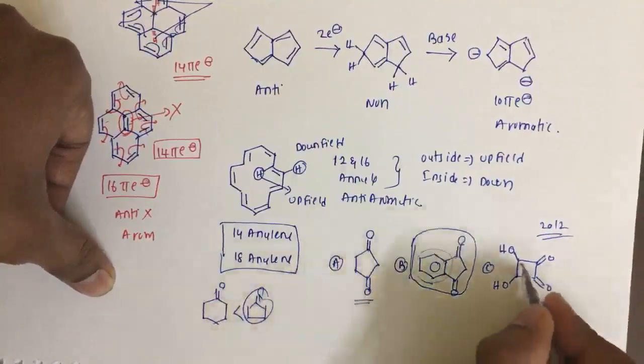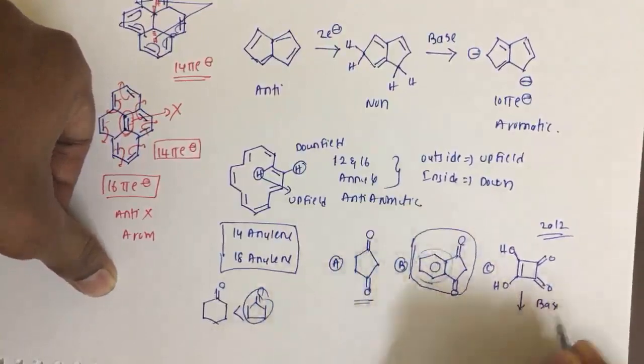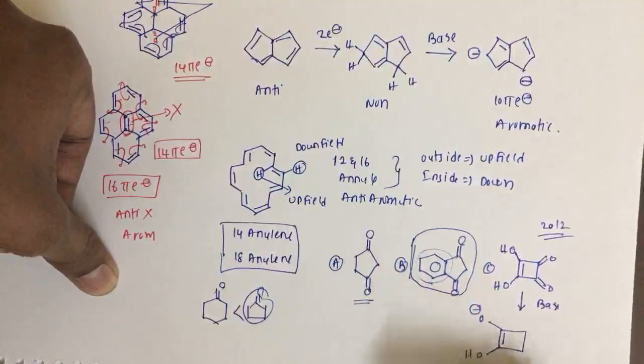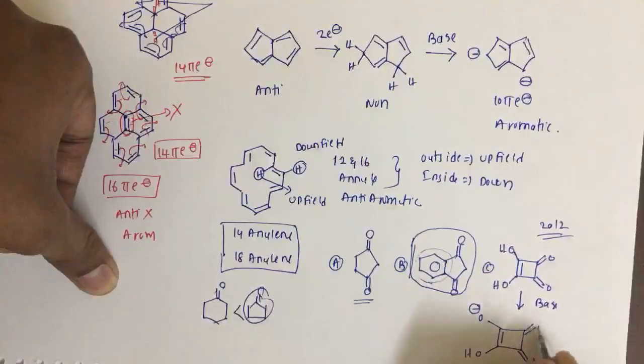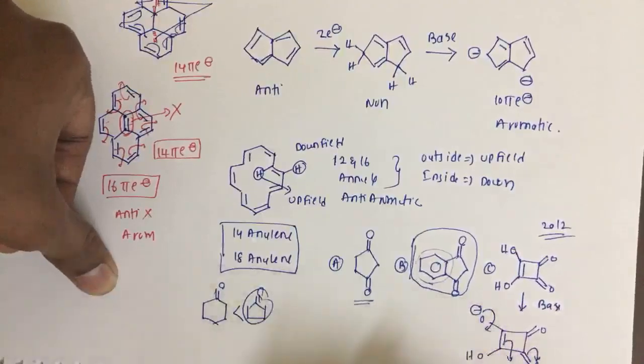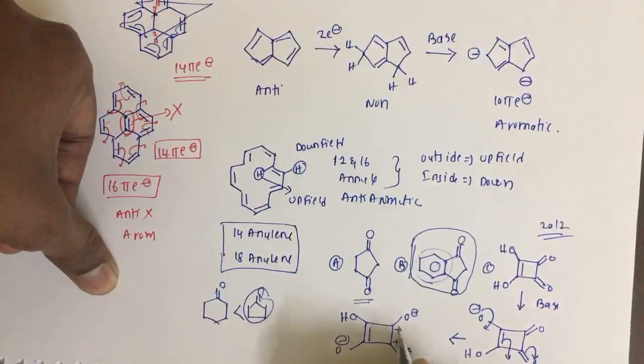Here we have a double bond. If you treat this with a base, it will take one of the protons, this will be O minus and this will be OH, and the double bonds shift this way. If you take another base, finally it becomes like this, O minus, here plus and here plus.